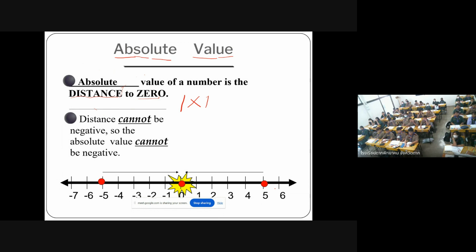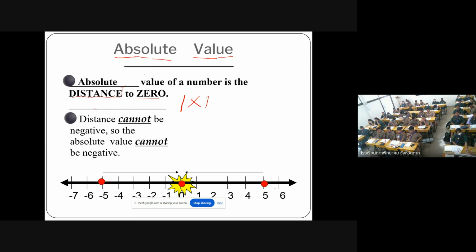To read that, it is read as the absolute value of x. Again, everyone, please read. The absolute value of x.